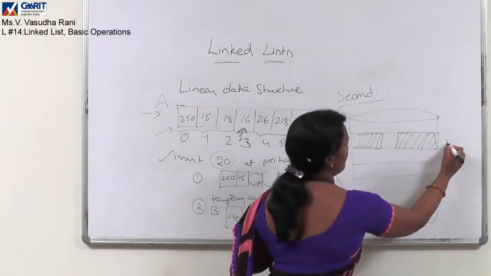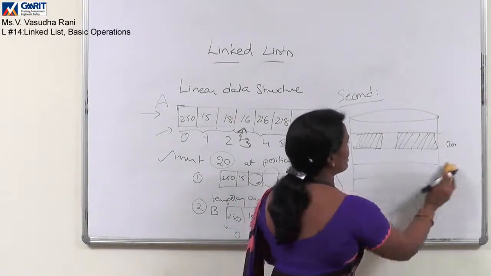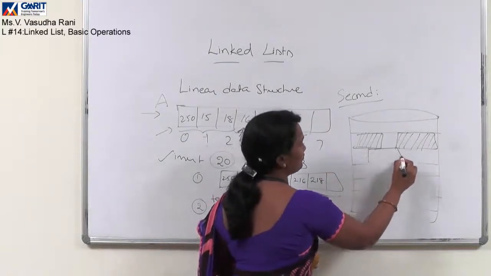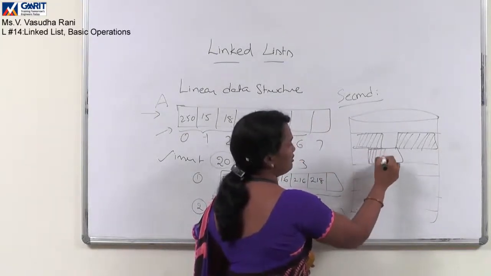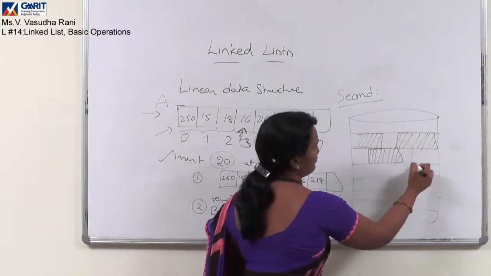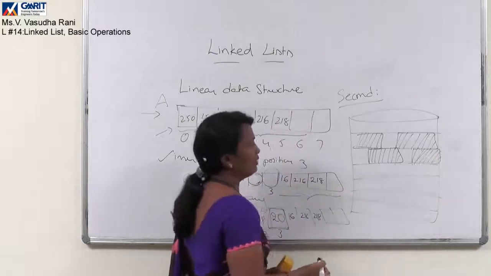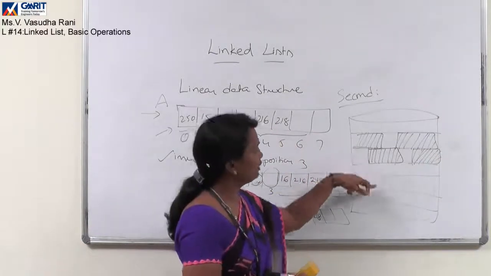The boxes with lines indicate that some data is already filled there, and the empty spaces show the space left. So like this, your memory is already getting utilized.